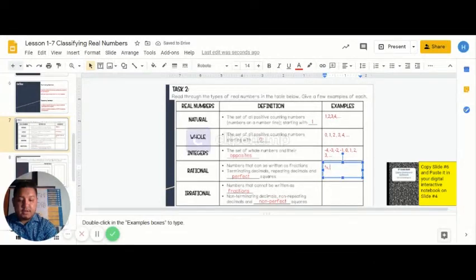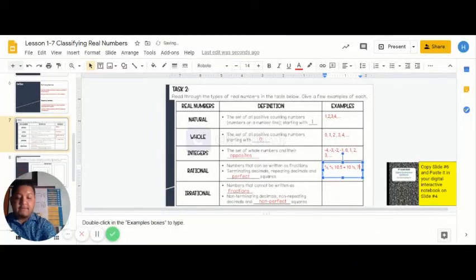The number 4/5 can also be written as a fraction. Now the number 10.5, okay, 10.5 is a decimal, but 10.5 can be rewritten as a fraction as 10 1/2. So that is a way we can rewrite that.